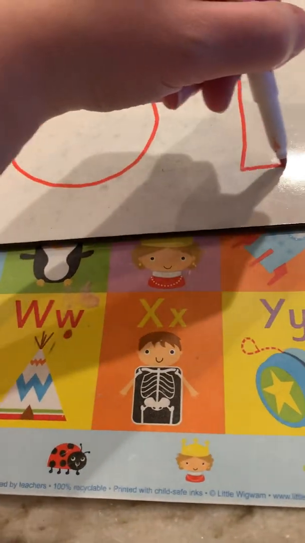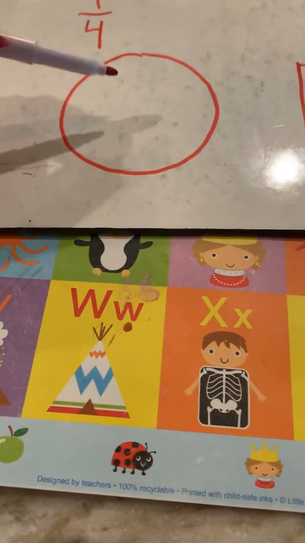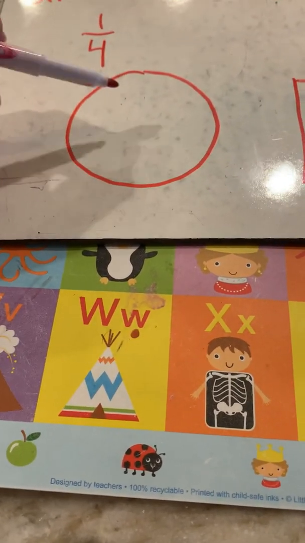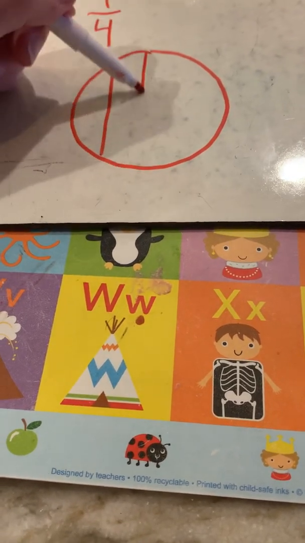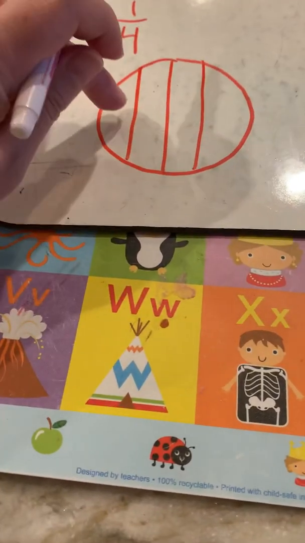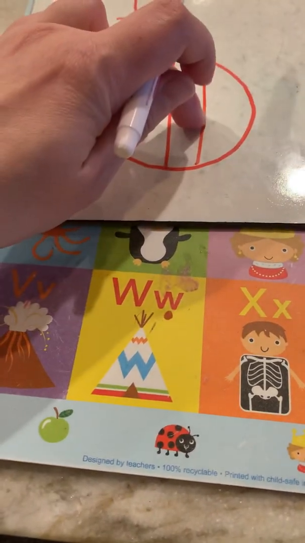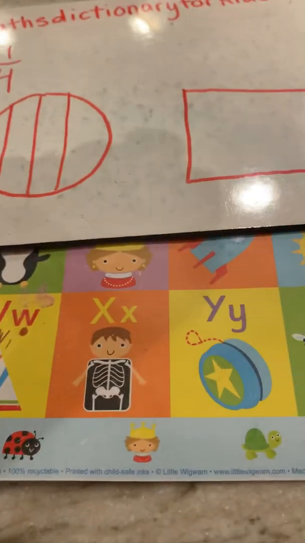We can draw a rectangle. Doesn't matter, right? I'm just showing you 2 different ways you could draw it. So if I wanted to cut this into 4, I see sometimes kids doing this. And this is not right because look, this piece is not the same as this one, right? In order for it to be drawn out correctly, your pieces need to be the same size.